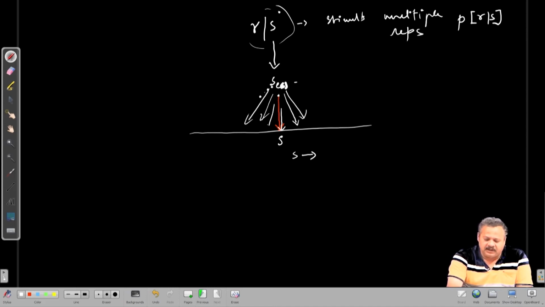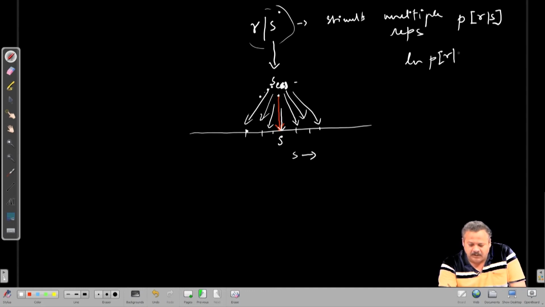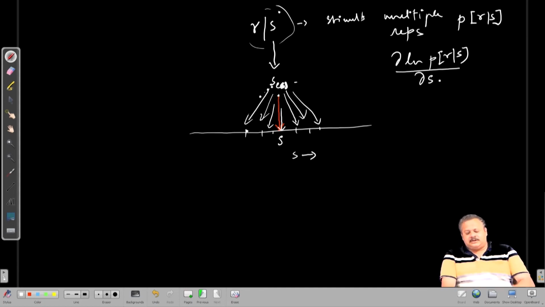If we were to do the experiment again and again in different cases, we may have the estimates spread around this true value of S. Now, earlier we were talking about the score, which is the derivative of log of P of R given S with respect to S. This score says that for a particular distribution of response given a stimulus, how the log likelihood of the response changes with small changes in the stimulus, that is, how sensitive the response is to changes in stimuli.